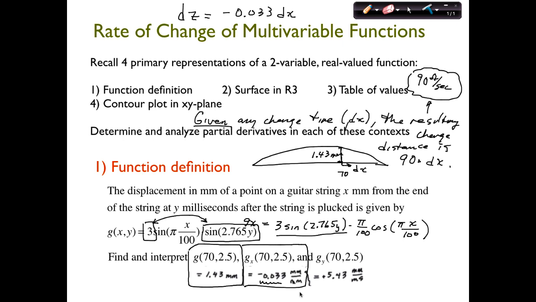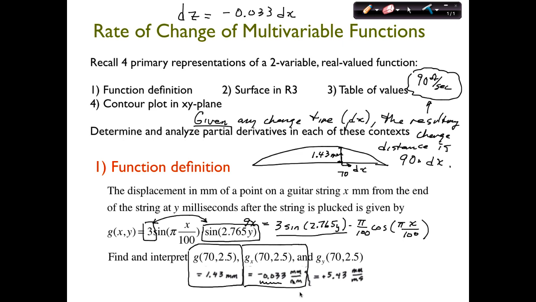Would you say millimeters per millimeter? Does the derivative actually give us a displacement? The partial derivative doesn't give us the actual displacement. What does it give us? Change in displacement. That's right, the variation in displacement.